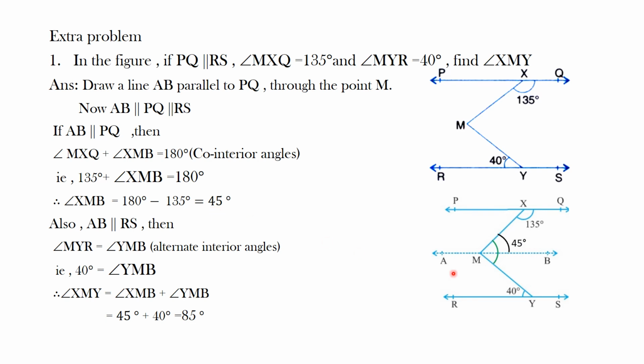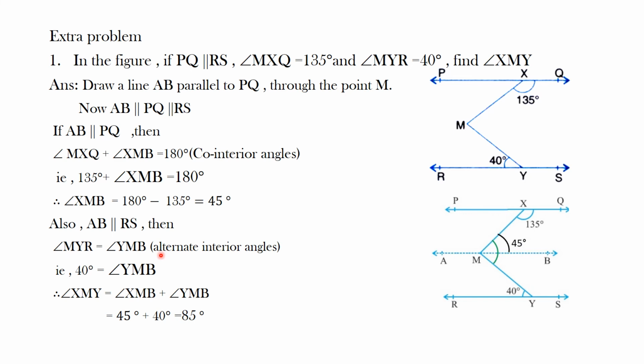Similarly, now we are going to take the line AB and the line RS which are parallel to each other and MY as the transversal. Being parallel lines, we can say MYR and YMB are alternate interior angles.